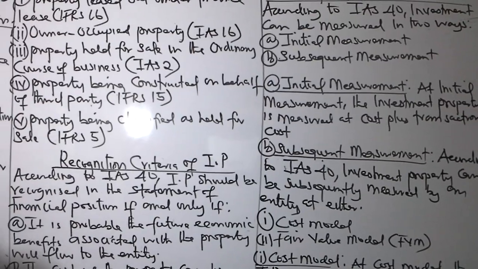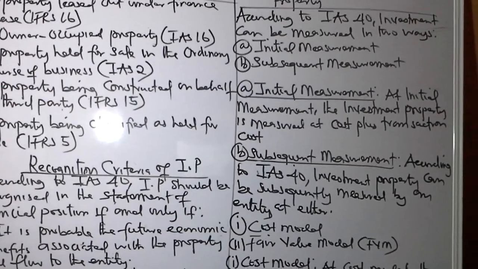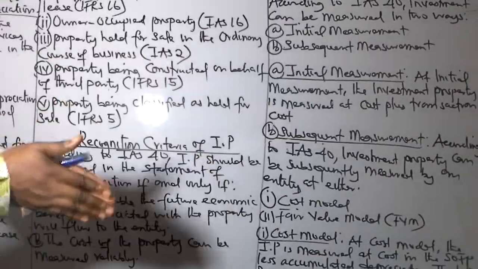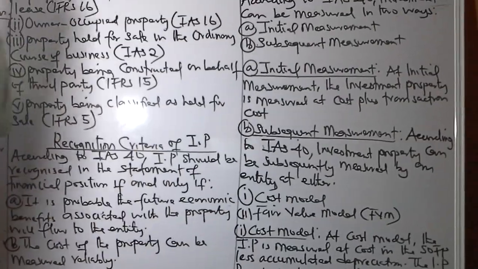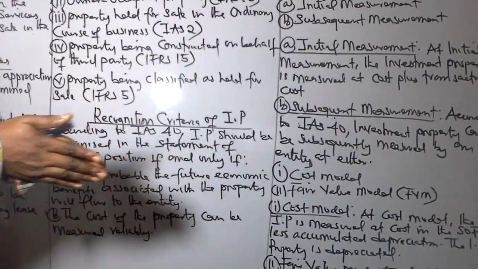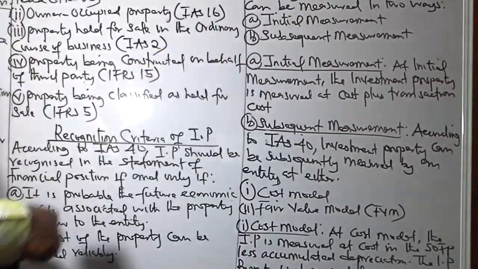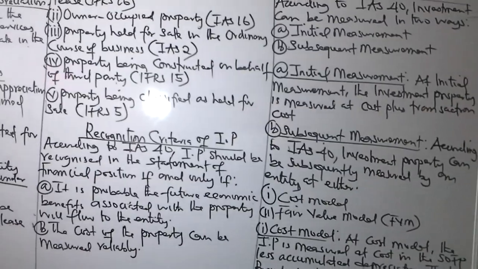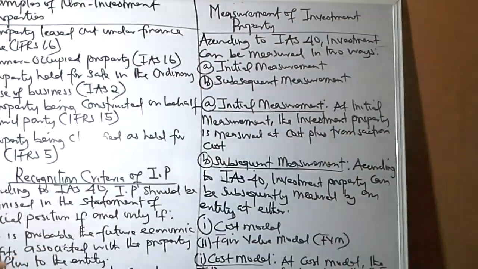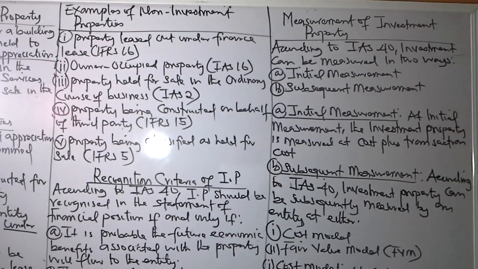Now, if it is self-built, you are trying to build it by yourself, all the cost that has gone into the construction: direct material, direct labor, borrowing cost, and other necessary costs. Is that clear? Now, at initial measurement, the investment property is measured at cost plus transaction cost.